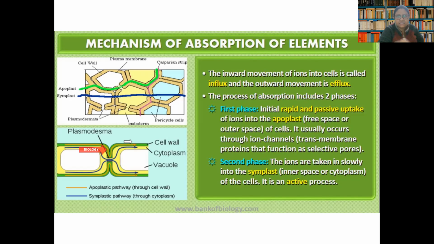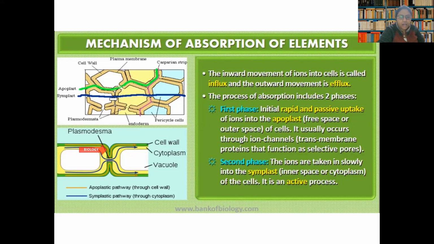In apoplast, the water molecules are never entering into the cytoplasm of the plant cell. Okay, so there are ion channels, and these ion channels are transmembrane proteins. They are responsible for movement of this solution, or influx of the solution and its further movement via cell wall portion.